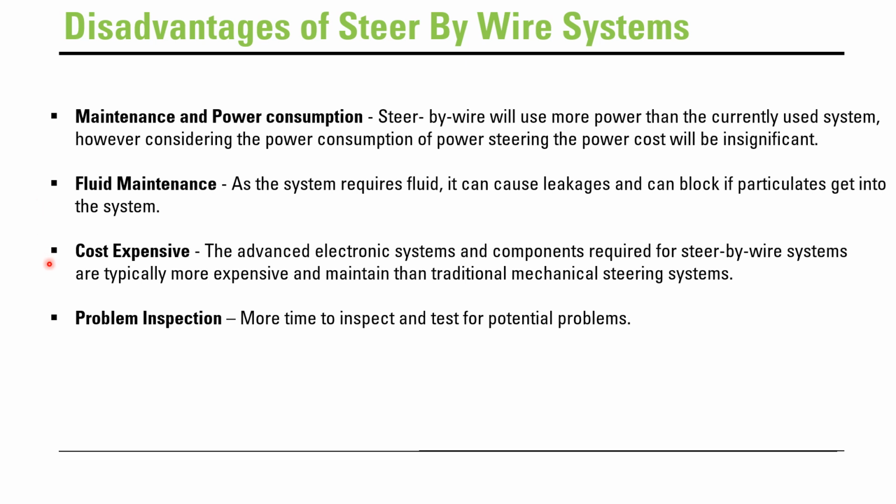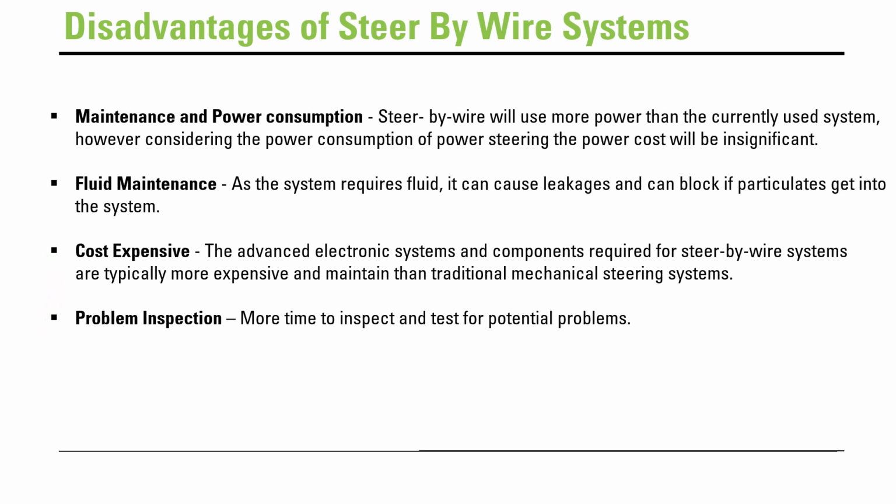Also, the third one, it's cost expensive since, as I said, we have a lot of electronic control units and electronic components here. So we need the protection, harness, and design, and it will cost. We have to buy the components and PCB, electronics, as it is there for other electronic control units, I would say.